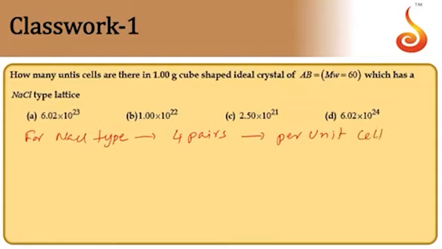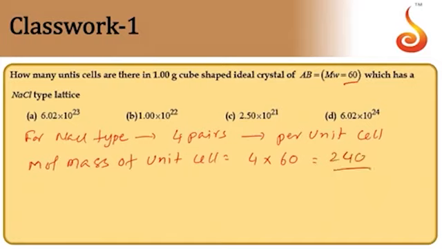So therefore, molar mass of unit cell will be equal to 4 into molar mass of each pair, which is 60. 4 pairs are there altogether, so it comes to 240. So 240 is the molar mass of the unit cell.